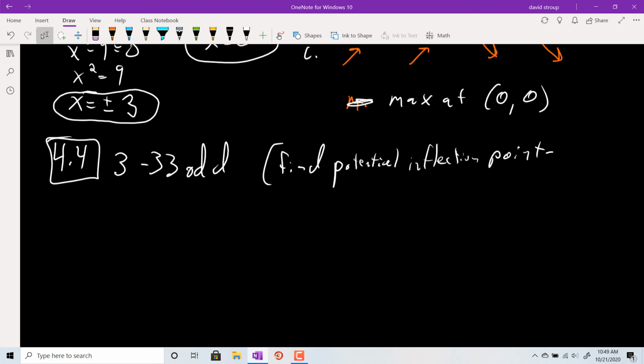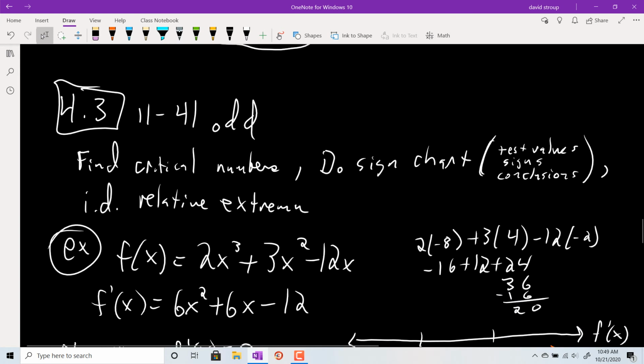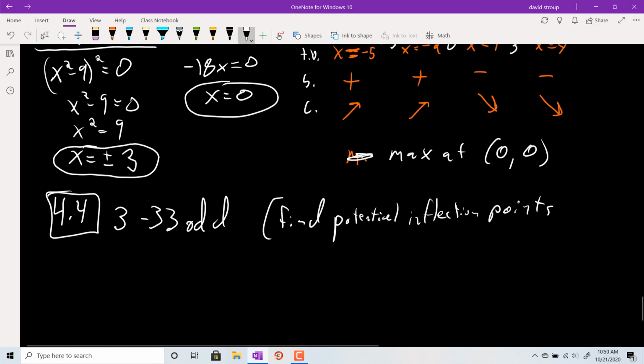And probably above, I should say, find potential critical numbers as opposed to just say find critical numbers, because we don't always just find critical numbers, right? So potential critical numbers, do the sign chart, identify relative extrema. So down here, we're finding potential inflection points.